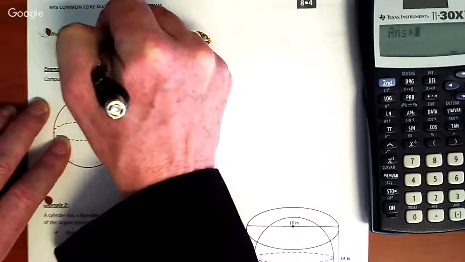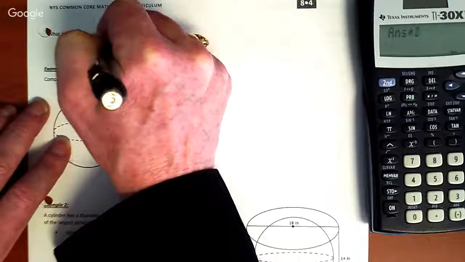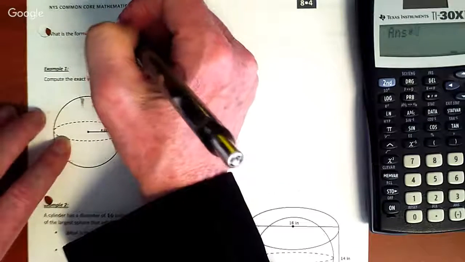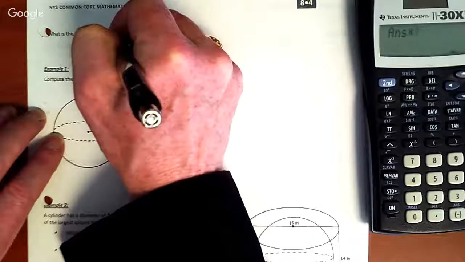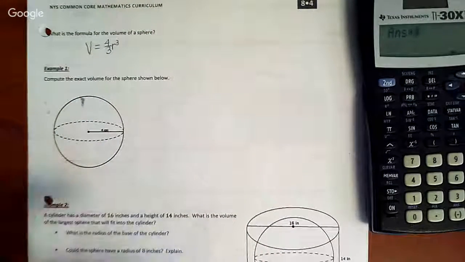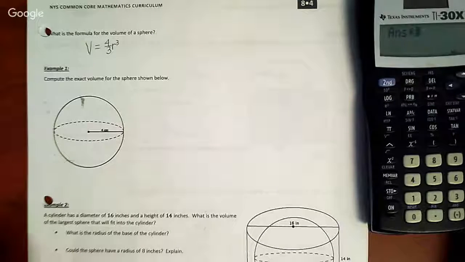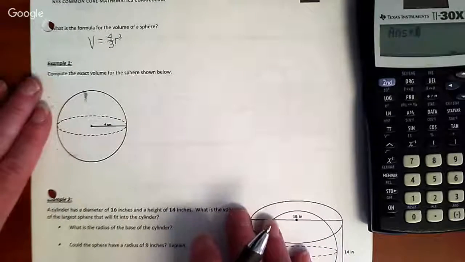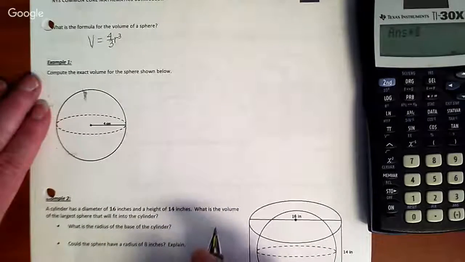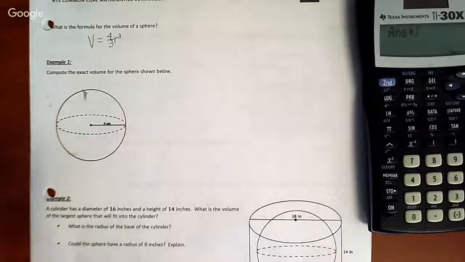Formula is 4/3 pi r cubed, r to the third power, sorry. Okay. So now we have to compute the exact volume for the sphere shown below. Okay. And here's how we do that.